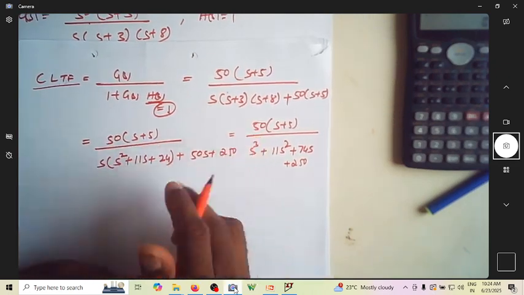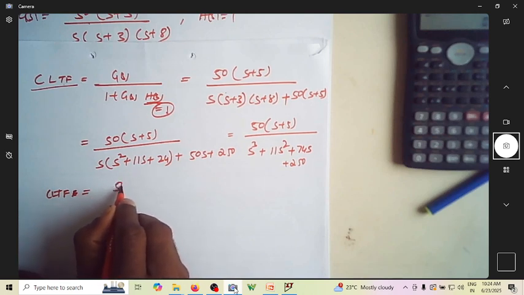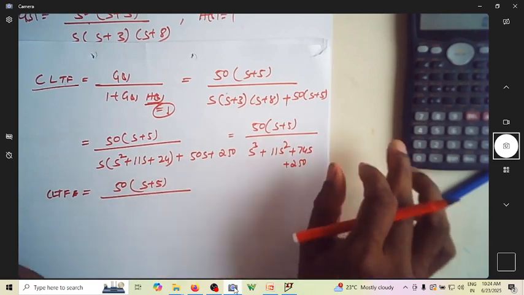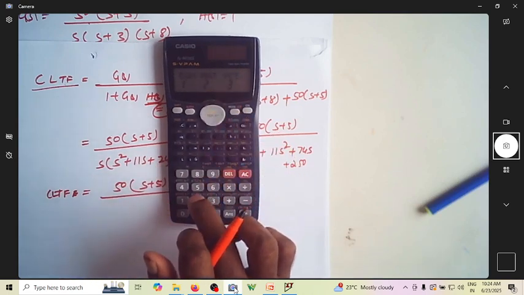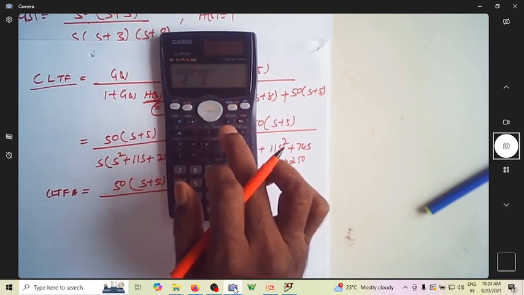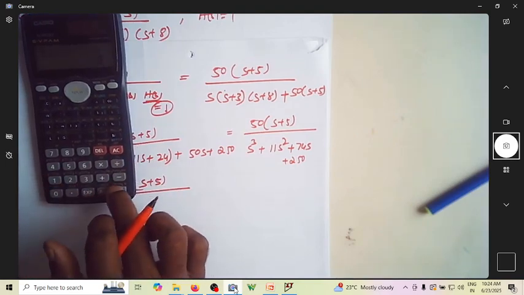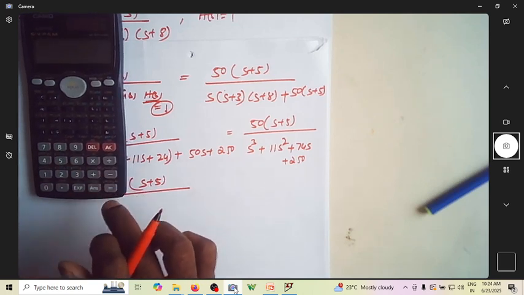So the closed loop transfer function is now 50 into (s plus 5) divided by, find the roots of it. So what are the roots of it? Of third order, it is 1, 11, 74 and 250.